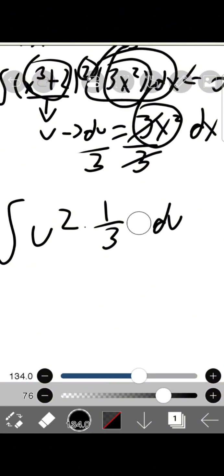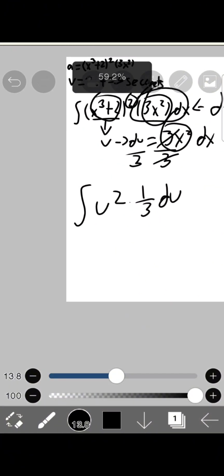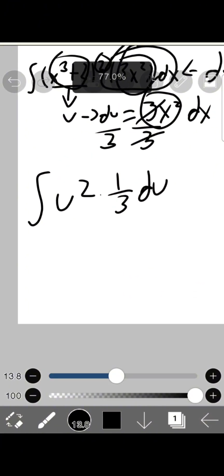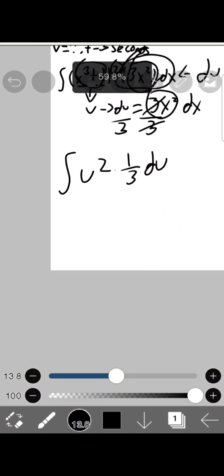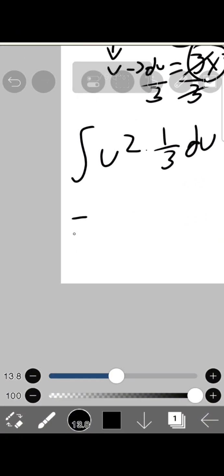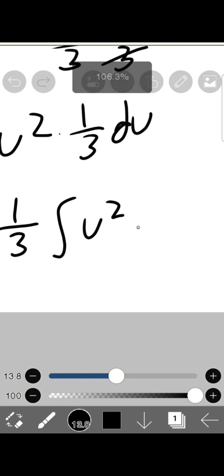We can put 1 all over 3 out of the integral, so this is 1 all over 3, the integral of u squared du.